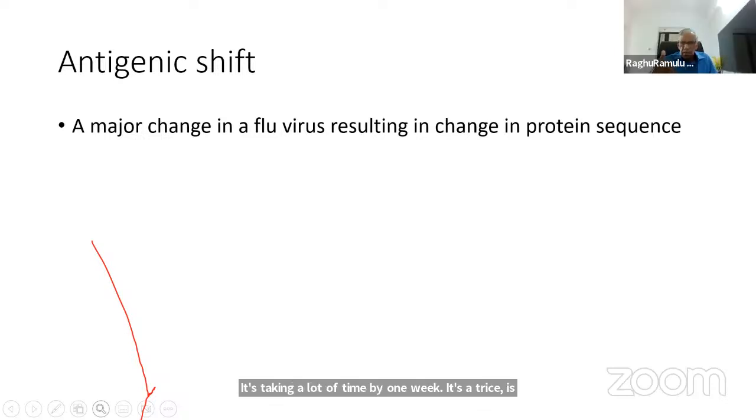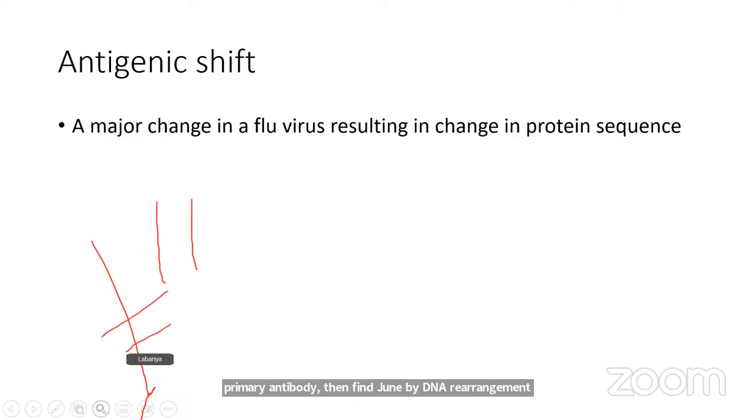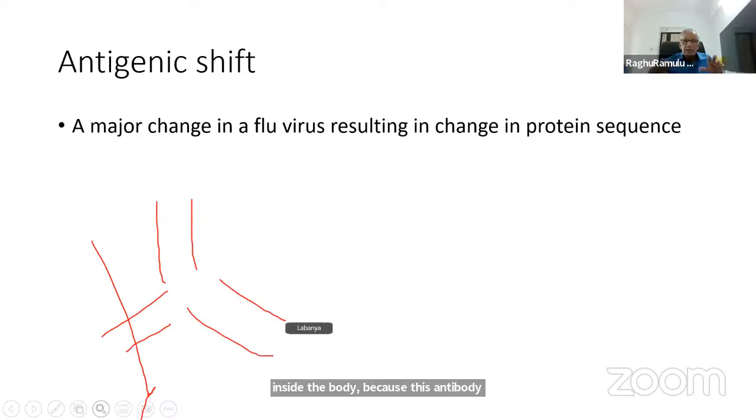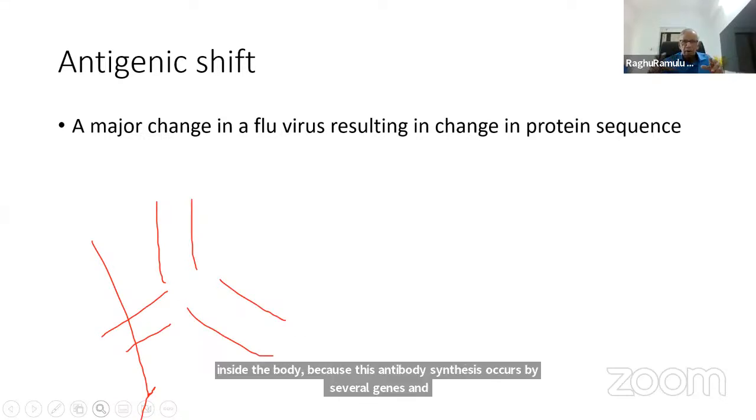First of all, the B cell should identify, or a plasma cell should identify and receive the signal from the antigen, generate an antibody like a primary antibody, then fine-tune by DNA rearrangement inside the body, because this antibody synthesis occurs by several genes, and this is called gene recombination.